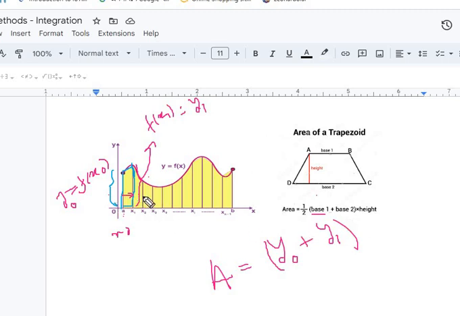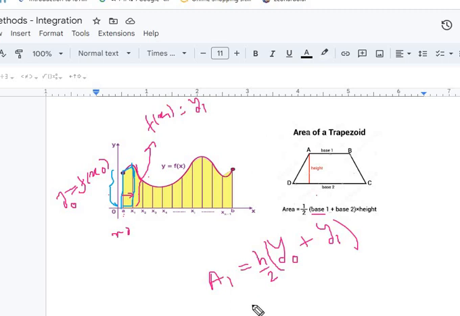Here the height is given by h, the distance between these is h. Now this is the area of the first trapezoid, say I am considering this is A1.